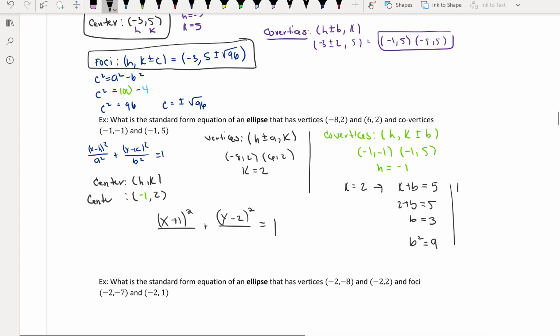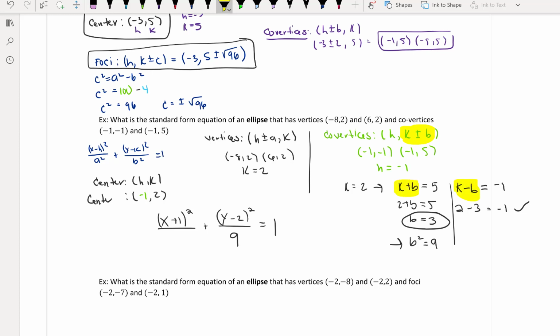So 2 minus 3 is equal to a negative 1. So it definitely works out that my b value is equal to 3. So that tells me that b squared is equal to 9. So that b squared is underneath the y, so I'm going to have this as a 9. And that all came from using that k plus or minus b.